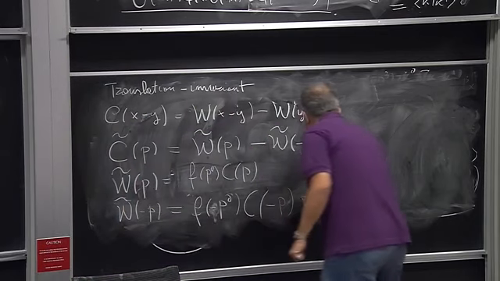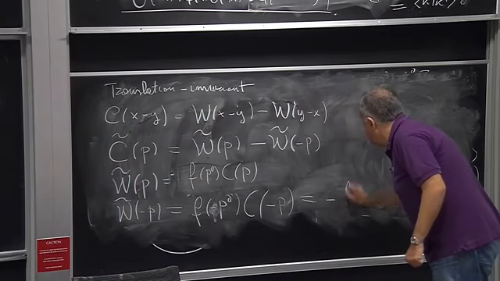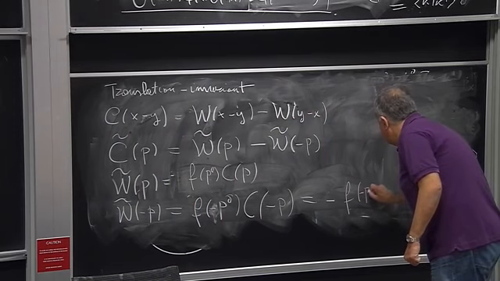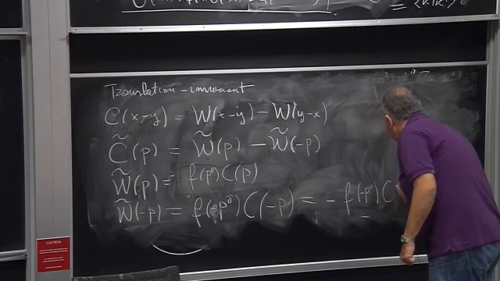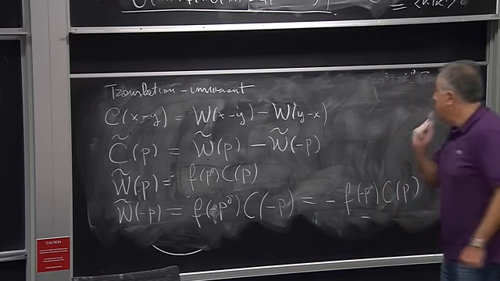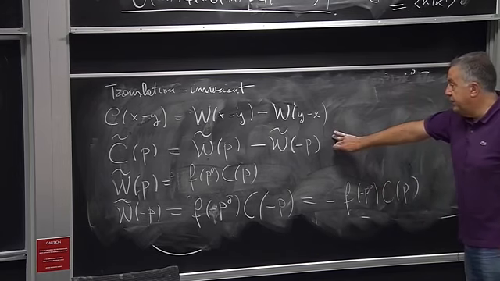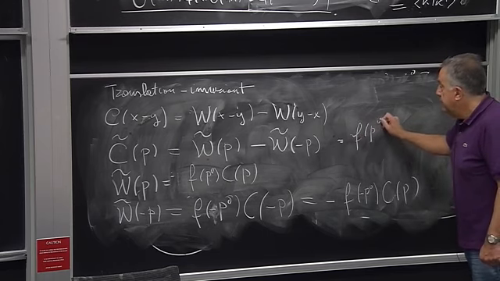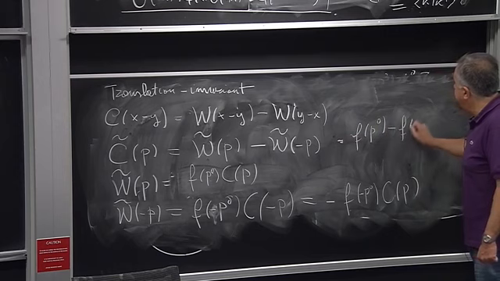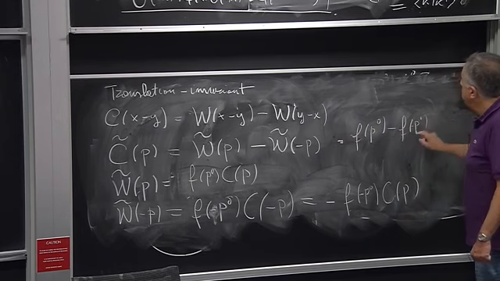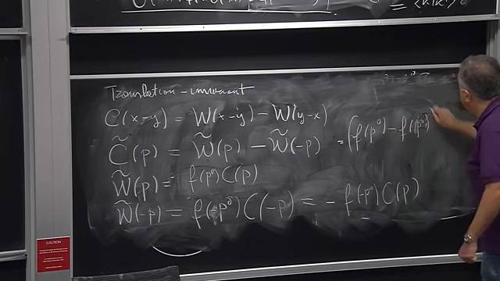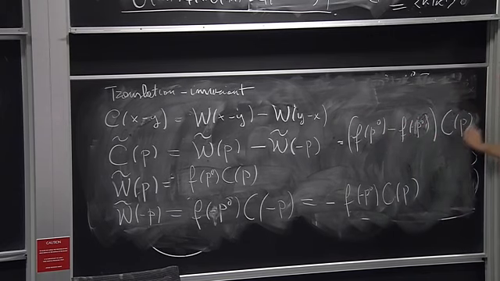So this is minus F of minus p0 times C of p. Okay, so you see, if we put this inside here, we get F of p0 minus F of minus p0, but more generally, you can have p times C. So C is equal to this.